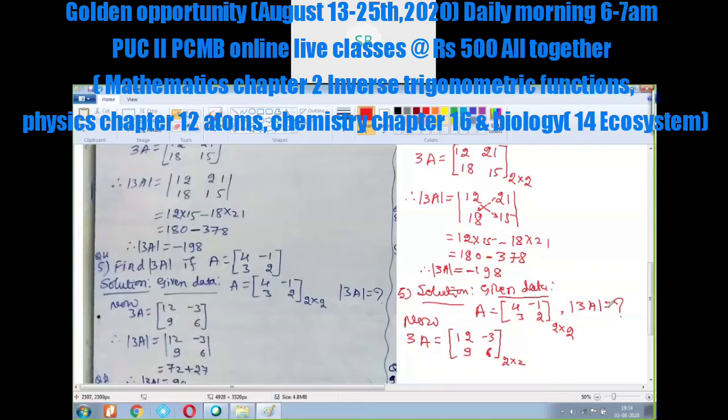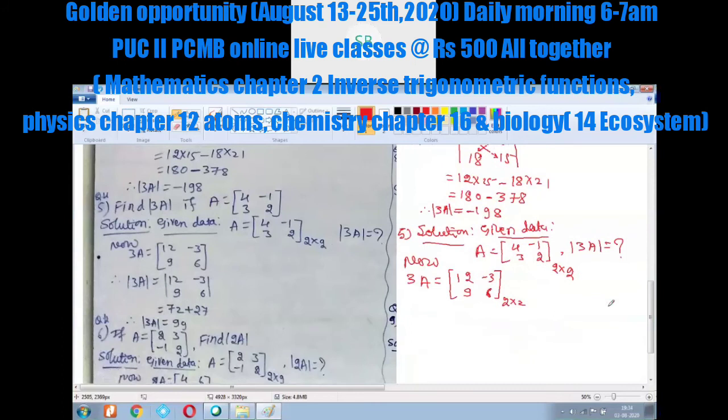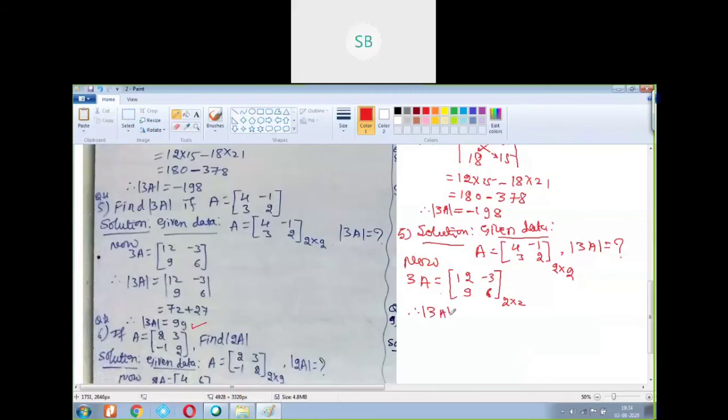Next, he has asked you to find the determinant of 3A. As Abhishek stated, it is 99, which is correct. Therefore the determinant of 3A is the determinant of [12, minus 3; 9, 6].